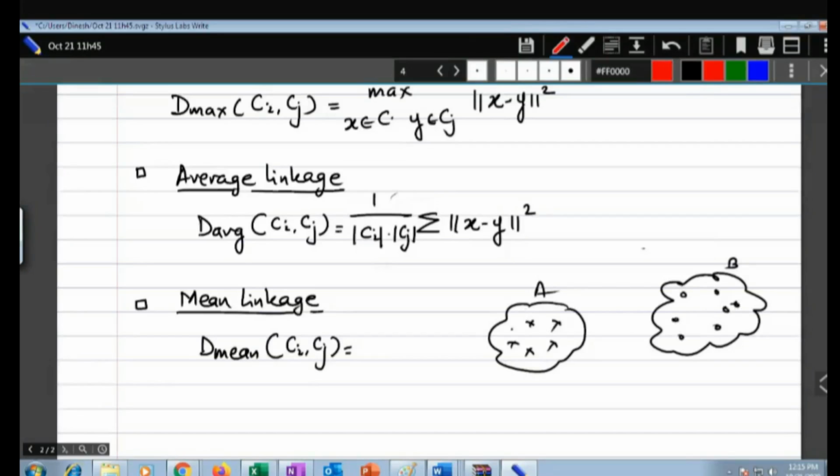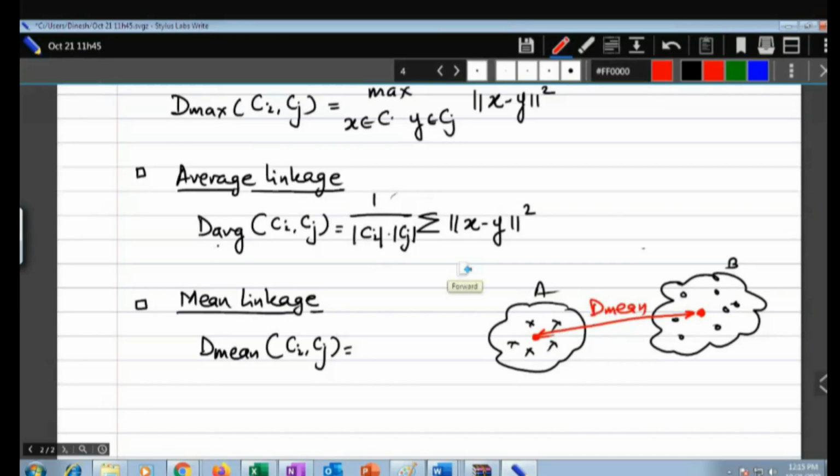Obviously you add all those points first and then divide by the number of points. So let's say this is the centroid, and this is the centroid of the other one. Probably it will be somewhere here, and then you calculate this distance. So this is called d mean.